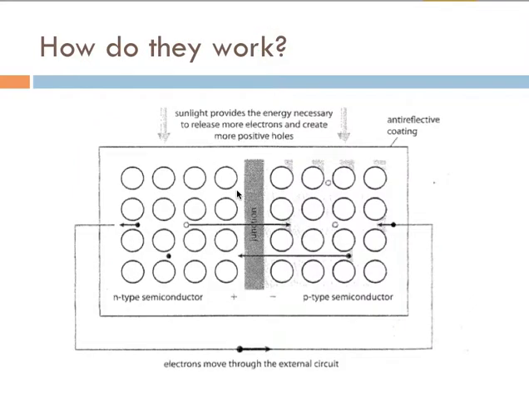Okay, so now let's get down to the voltaic cell. How does this work? Well, I have my N-type connected to my P-type and my electrons flowing.